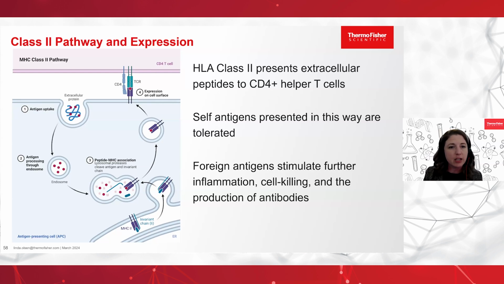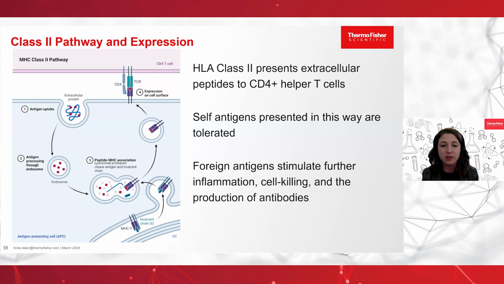So an extracellular protein will be taken up. It will be broken up into peptides. The MHC class 2 with a blocking molecule basically will leave the endoplasmic reticulum in a vesicle.